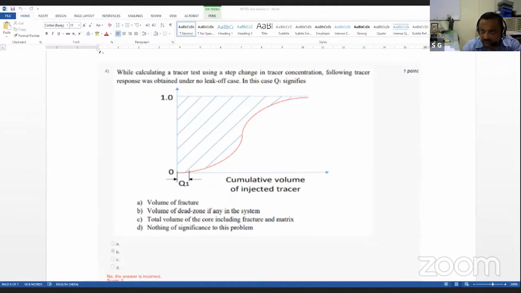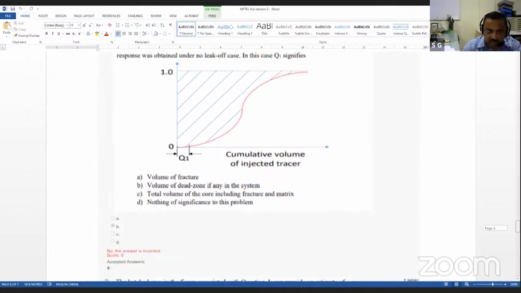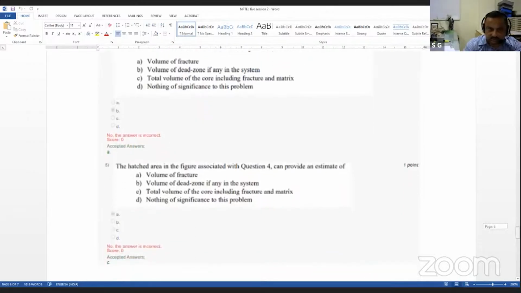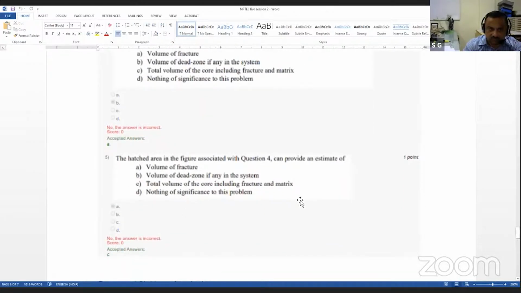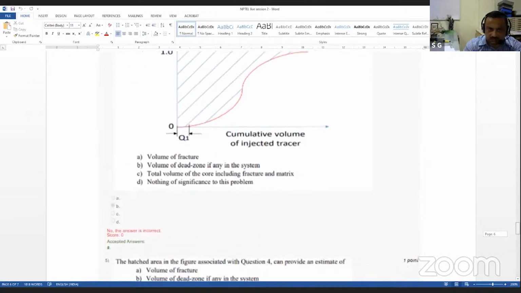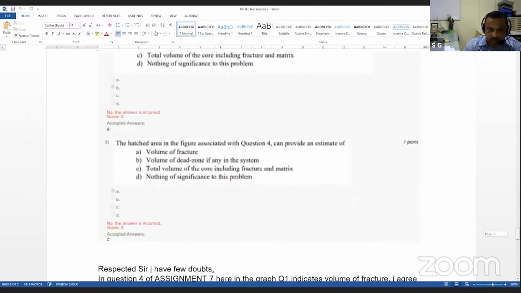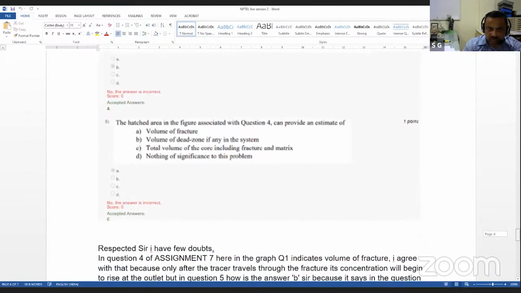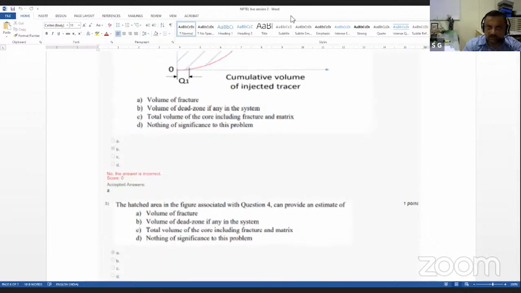So that is not correct. Q1 represents the volume of fracture, and Q, the area under the curve, represents the total volume of the core. So let me then go back.